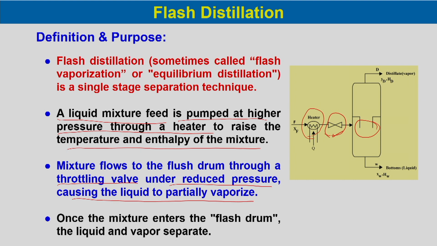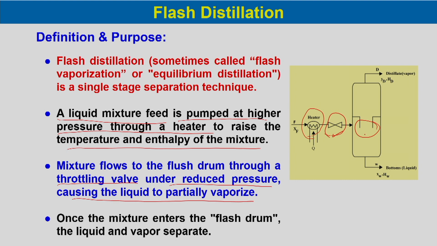Once the mixture enters the flash drum, the liquid and vapor separate. So, once the liquid at reduced pressure enters the flash drum, there is a separation between the liquid phase and the vapor phase. Liquid comes down and vapor goes up.